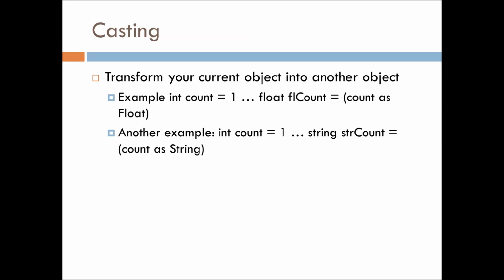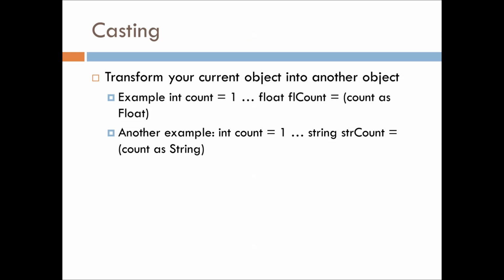So casting, transform your current object into another object. In this video, I'm only going to show you the primary types, converting them, because that's an important concept for what we're doing. So, we have an integer, say count equals 1. Well, what if we want it to be a float?